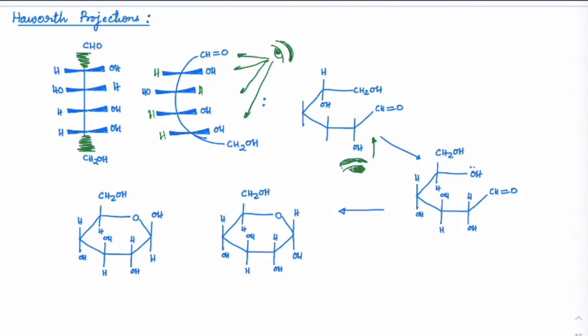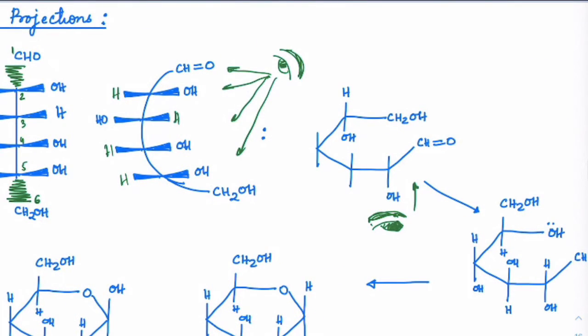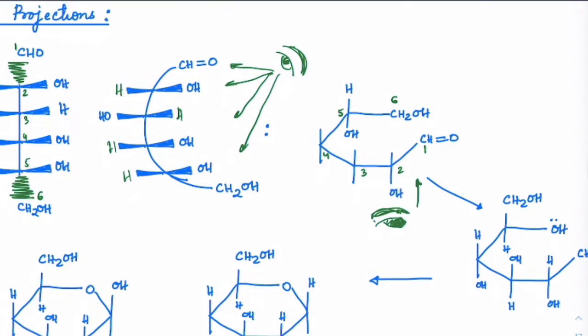I hope that point is clear. So let me number that first. Carbon 1, 2, 3, 4, 5, 6, and here carbon 1, 2, 3, 4, 5, 6. This is how it is.